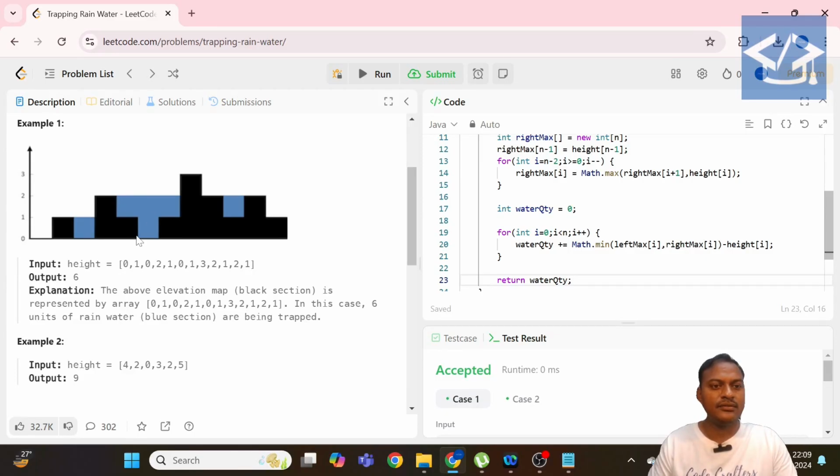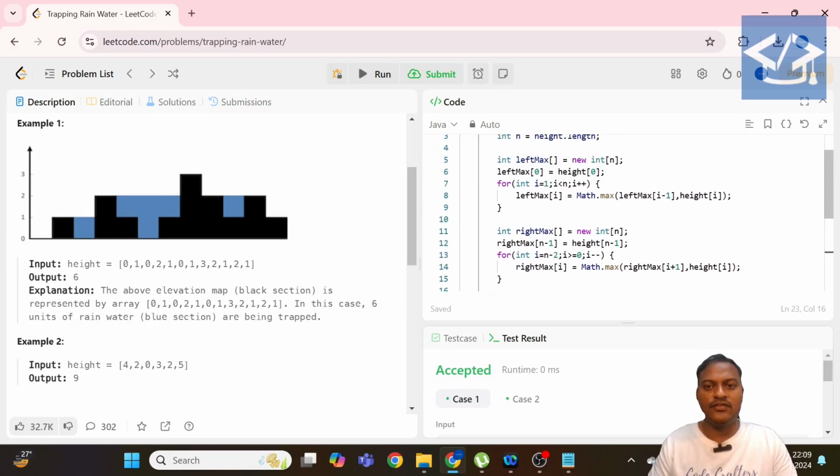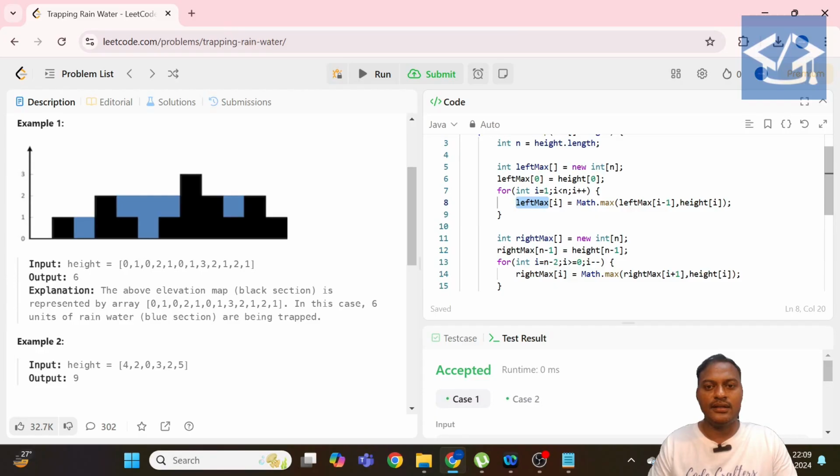As I said, we have to calculate left max and then right max. For left max, we start from index 1, because for the 0th index the left max is the height of the building itself. From the first index onwards, the left max is the max of leftMax of i minus 1 and the height of the current building.